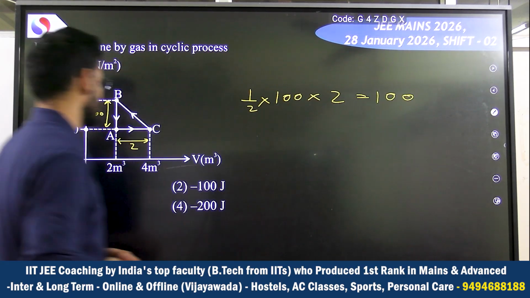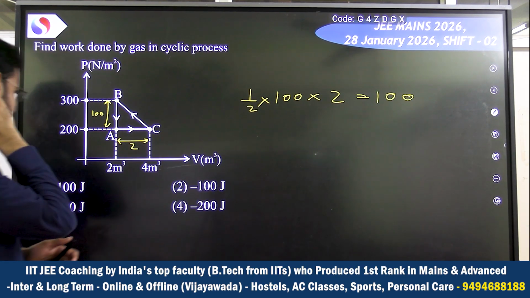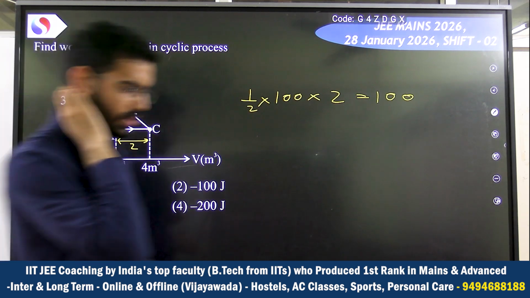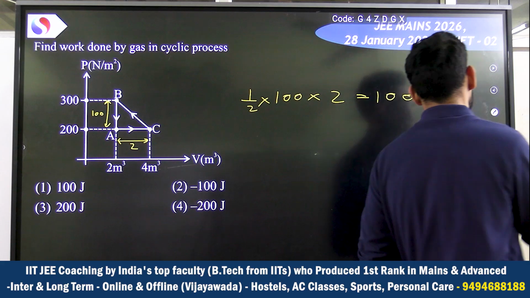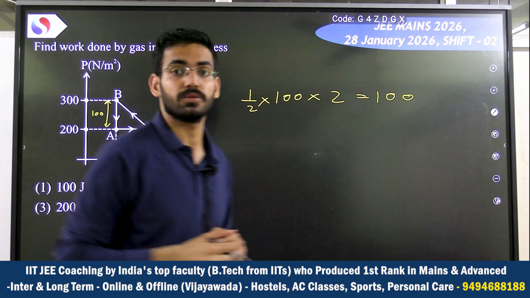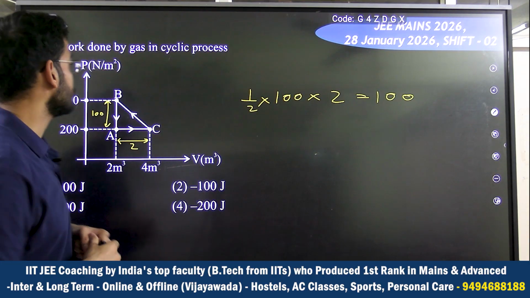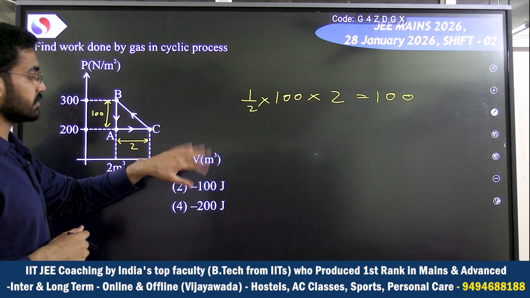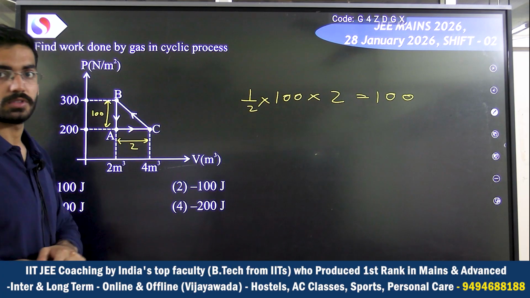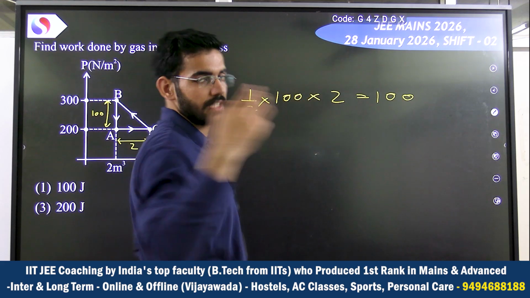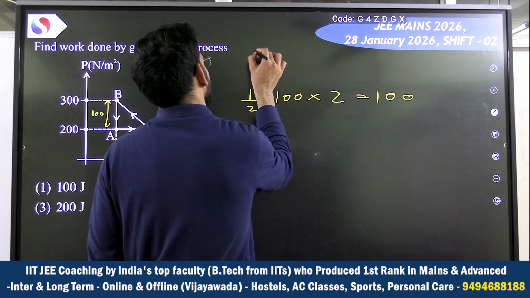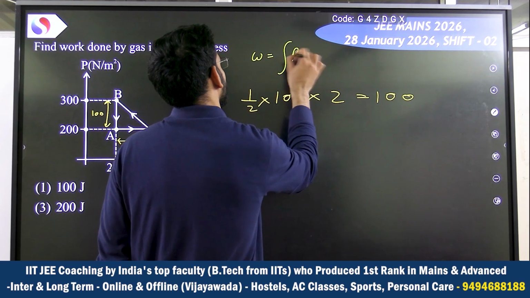But now, is this positive or negative? For that, people say clockwise or anti-clockwise, you remember. I don't recommend that, because sometimes a P versus V graph comes, or sometimes a V versus P graph comes, and then you will get confused. As we are JEE students, we can understand that the work done formula is the integral of P dV.